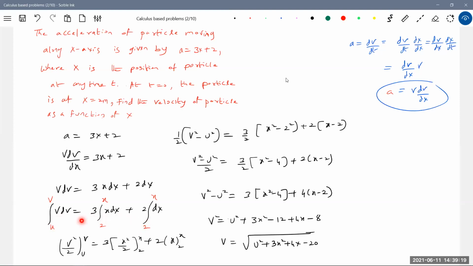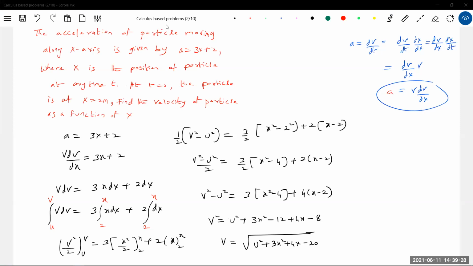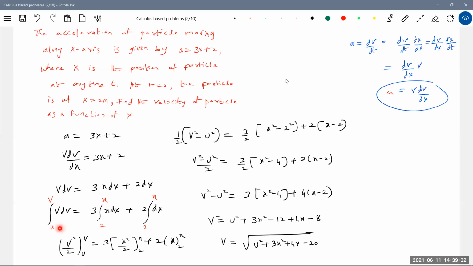So these lower limits depend upon the conditions available here. If initial velocity is 0, then put 0. Initially, the particle is at rest at x equal to 2 meter means you are going to put that as 0 here. The limits you have to define based on the conditions given. That's what is in the entire discussion here.